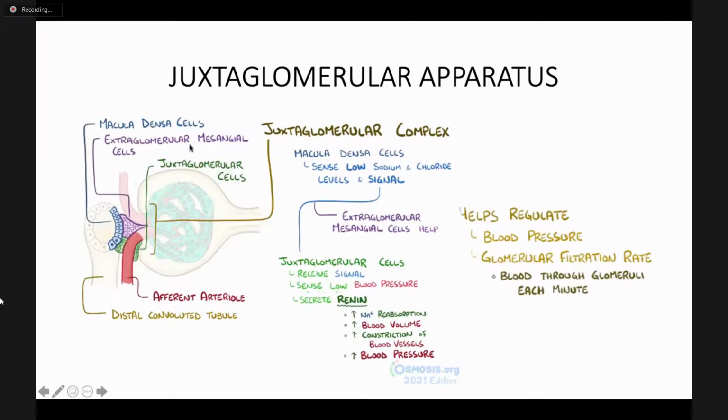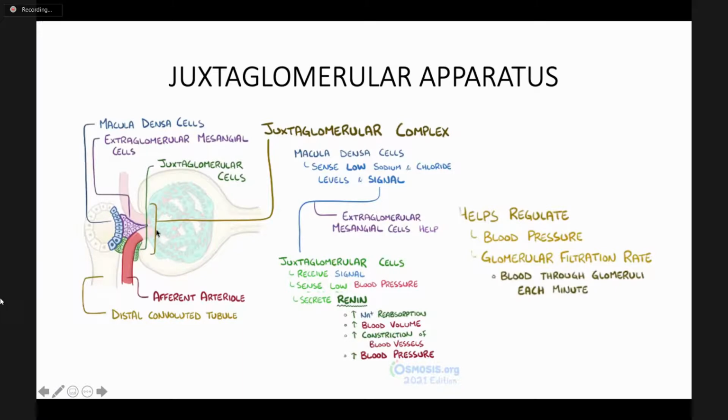The macula densa cell is a chemoreceptor, while this one is a mechanoreceptor. This one senses sodium and chloride levels, so it will be activated when it senses low sodium and chloride delivery to the distal convoluted tubule here.